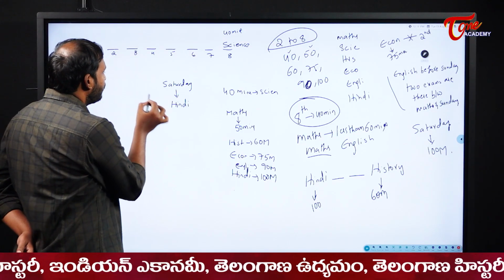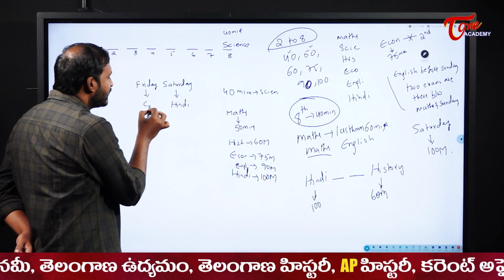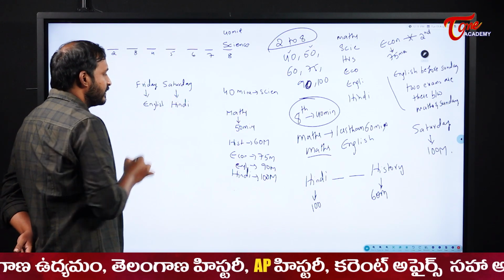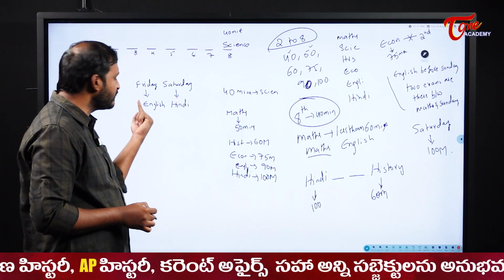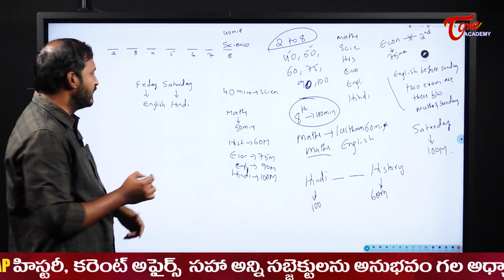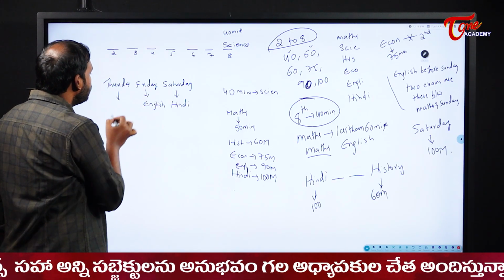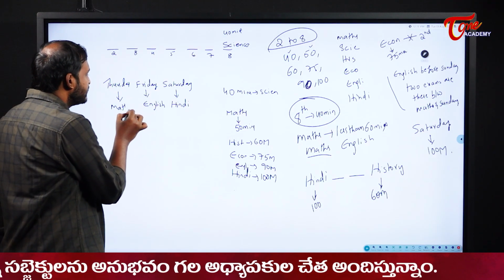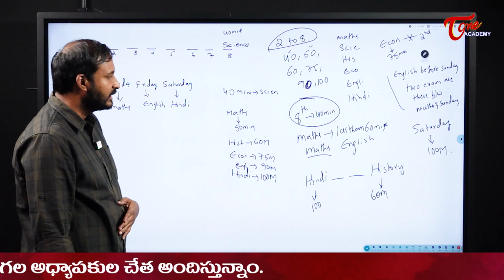And Friday I will have English. I am telling this is one possibility for me. Why? Because before English I should have maths, and English is obviously before Sunday. So on Thursday I will have the maths examination. So maths, English, Hindi is one order for me.